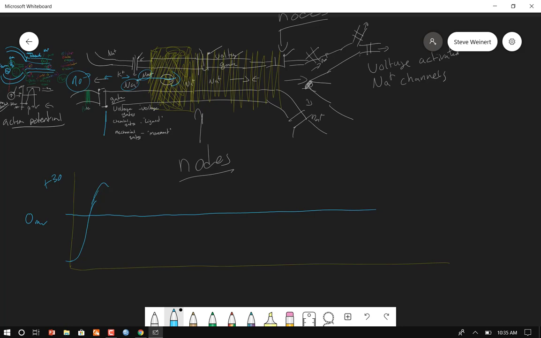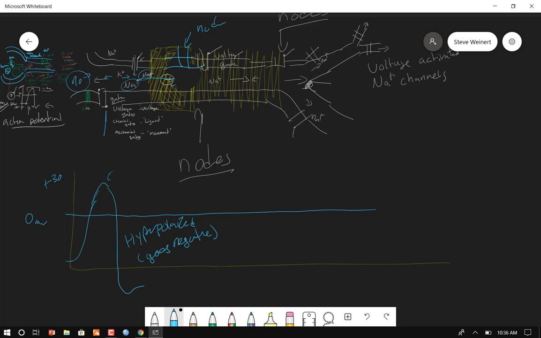Okay? And so I don't know if I can erase part of this. We'll find out. Oh, well, that's a mess. Sorry. I'm just going to draw a little gap in the myelin here so I can put a node here. So as the sodium flows in here, sodium flows down, this cell hyperpolarizes. It goes negative.